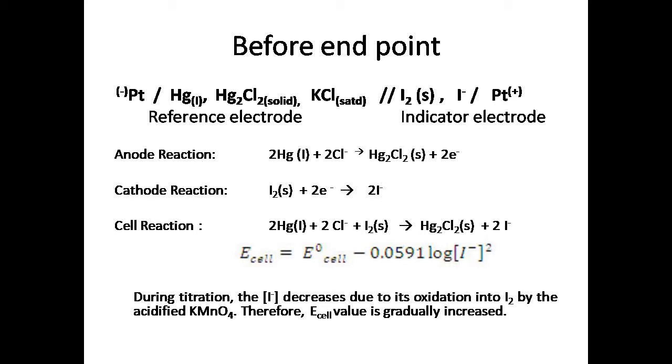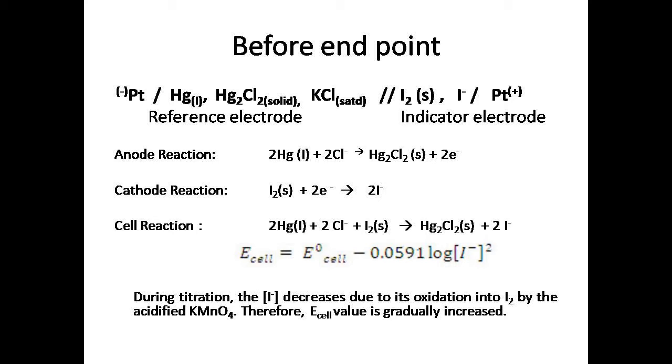In the cathodic reaction, I2 is converted into I minus. Based on the overall cell reaction, the EMF of the cell is equal to E0 cell minus 0.0591 log of I minus squared.